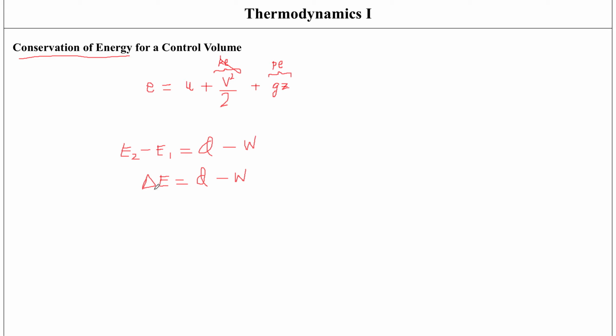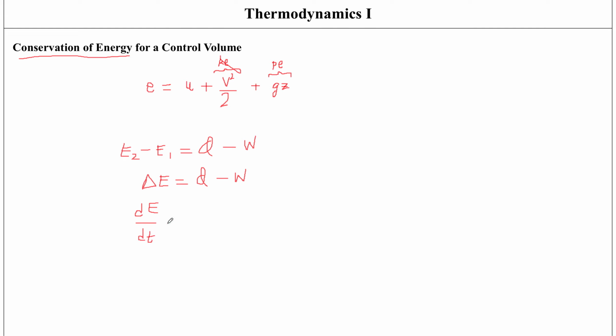If I was to divide the entire equation by delta T, and then take the limit across both sides when delta T approaches 0, the left-hand side of the equation would become a derivative, in the form of dE by dt.